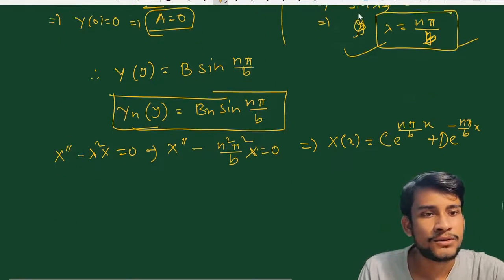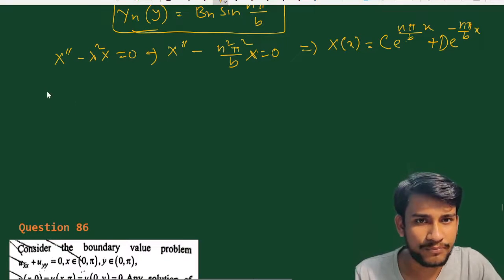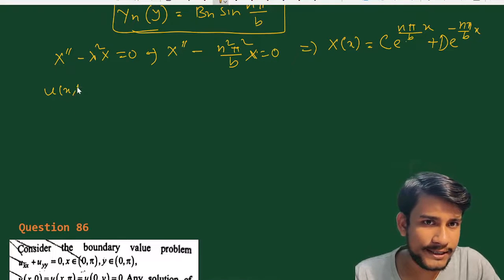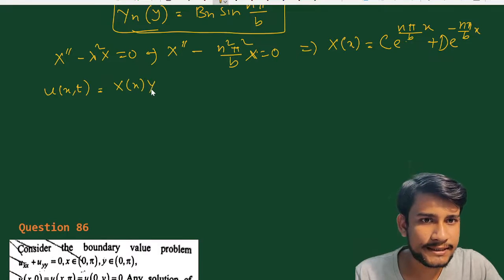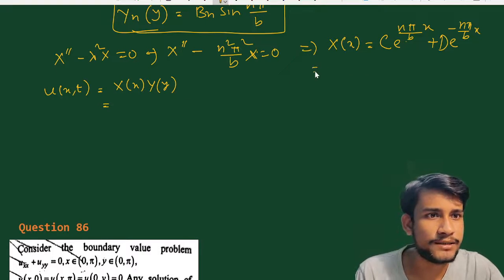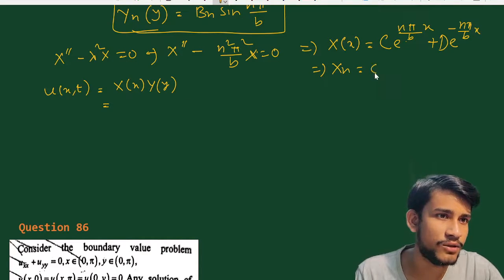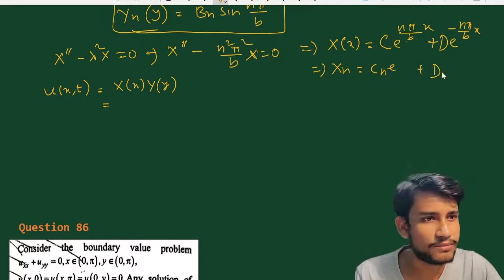Clear? So the solution is of the form u(x,t) equal to X into Y. And here if we take xn equal to cn exponential plus dn exponential, the exponential terms will be there.